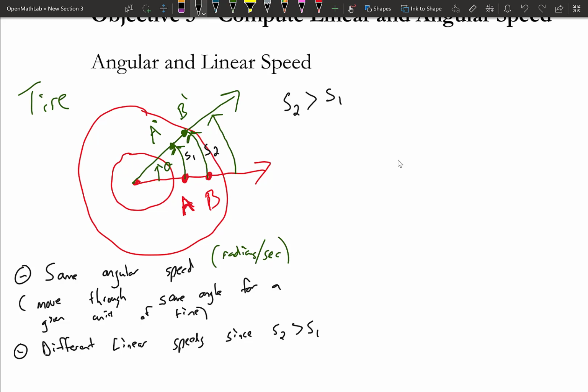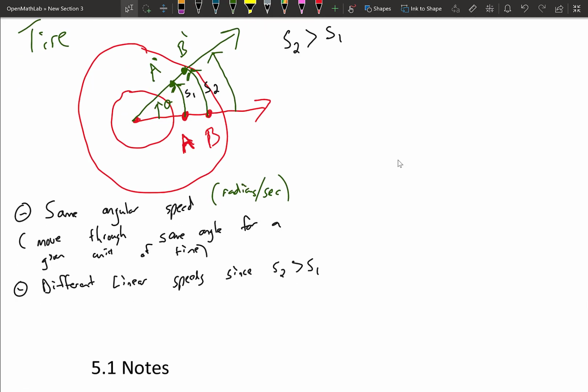If in 1 hour I was able to run 10 miles versus someone who ran just a mile, that would mean that I would be going faster, right? So in other words, B travels further in the same amount of time.